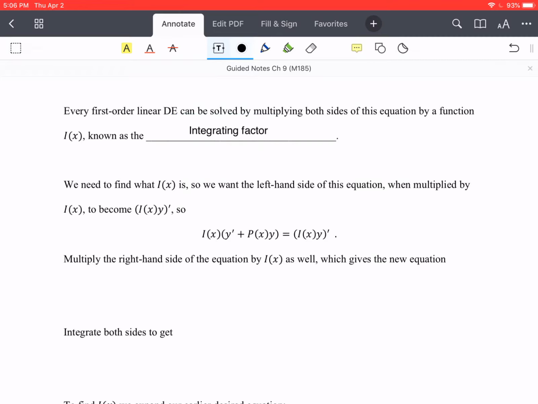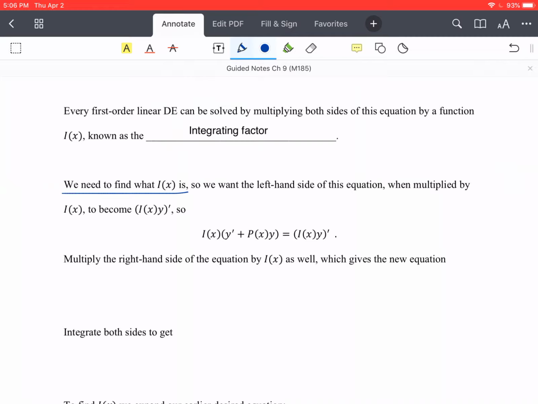Okay, so the integrating factor I of x, we're going to be multiplying that, and that's going to be the key to solving these problems. So we need to find what I of x is, because if we can find what this is, that's going to allow us to solve these.